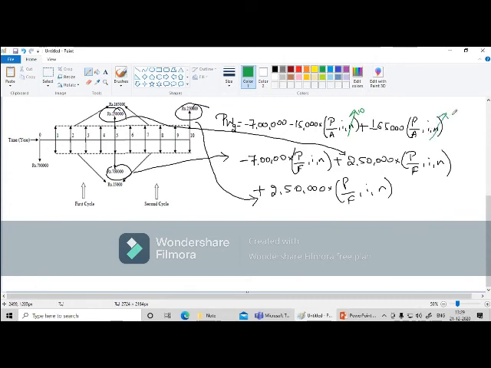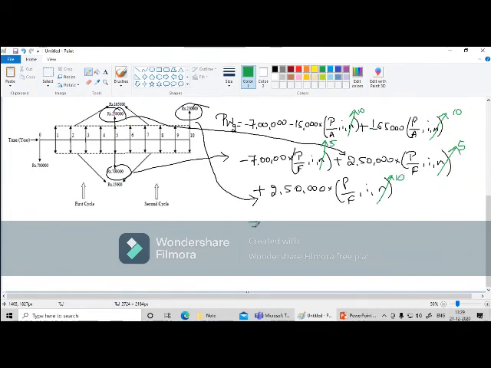Similarly, 1,65,000 is also stretched out over all the years. But this first 7 lakh is at the end of the 5th year, so you substitute N as 5. Similarly, this 2,50,000 is also at the end of the 5th year, so N is 5. The second 2,50,000 is at the end, so the value is 10.